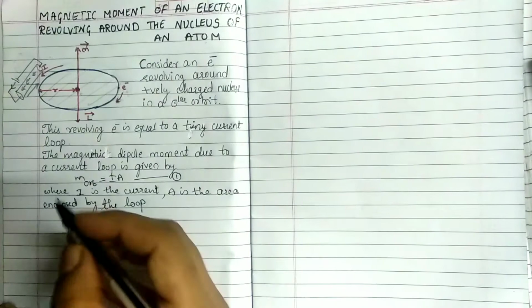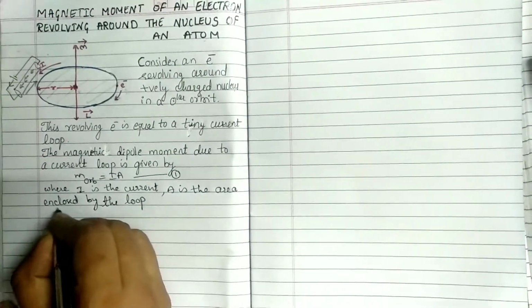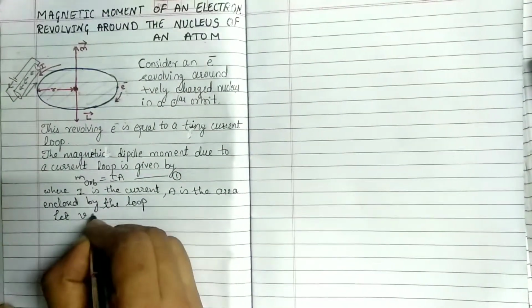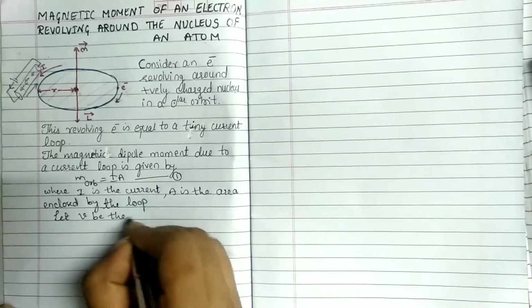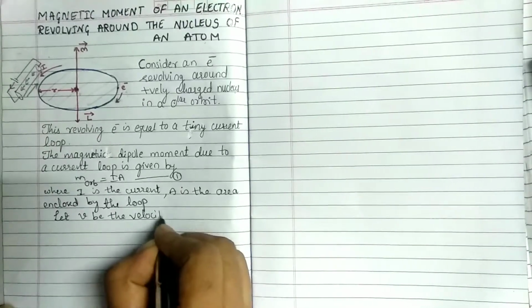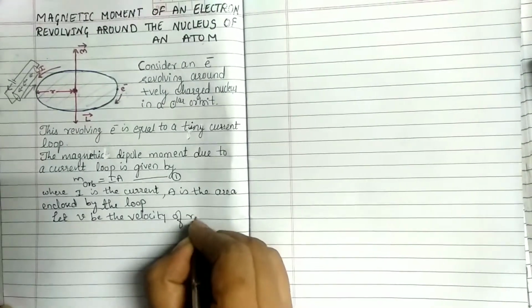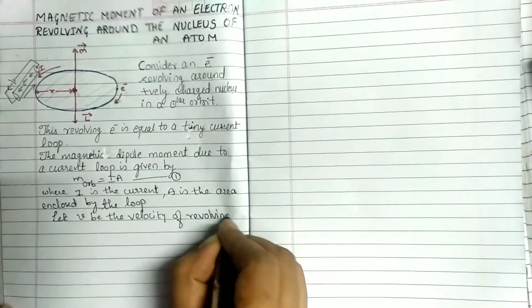Now let v be the velocity of the revolving electron.